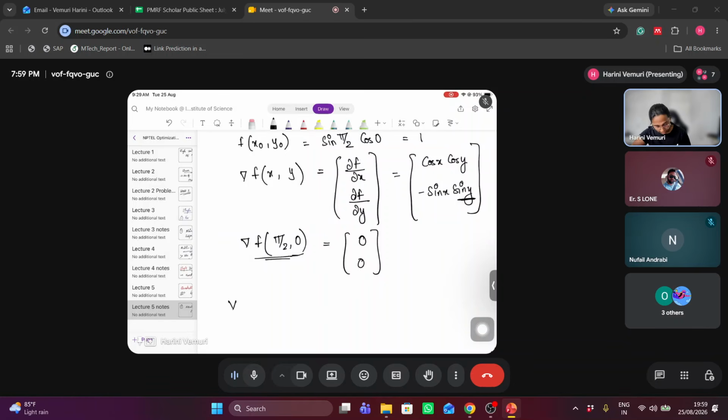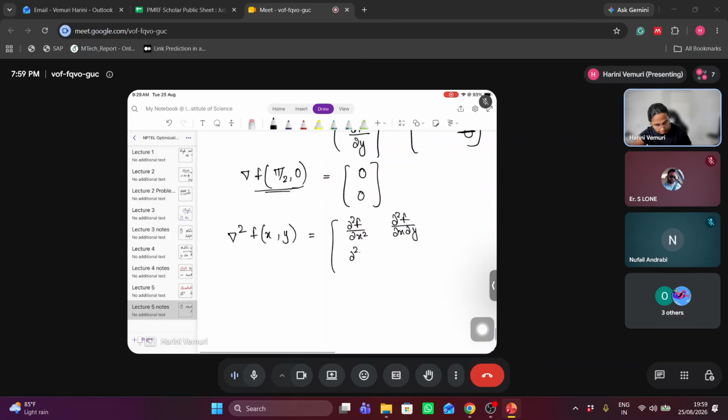Then we have to find the second derivative of the function f. So that is dou square f by dou x square, dou square f by dou x dou y, dou square f by dou x dou y, dou square f by dou y square.